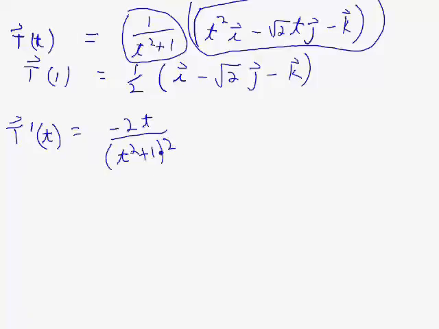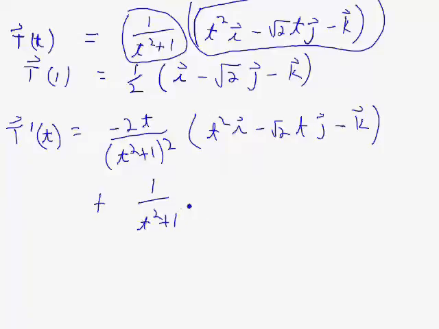You can verify that. Okay, so the derivative of the first times the second plus the first, 1 over t squared plus 1 times the derivative of the second, which is just 2ti minus root 2j.